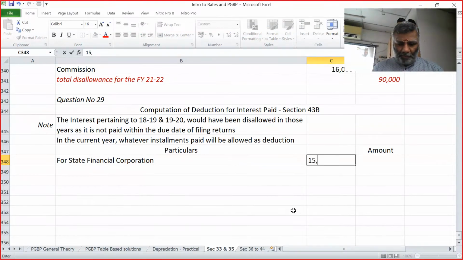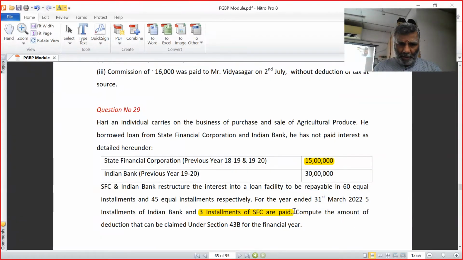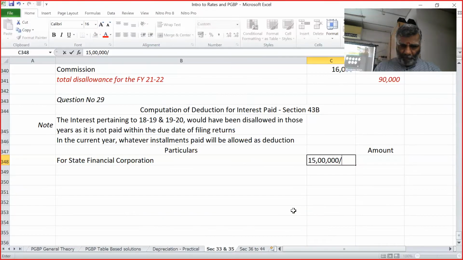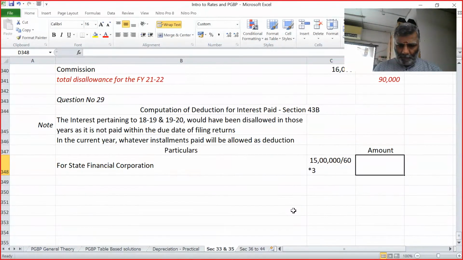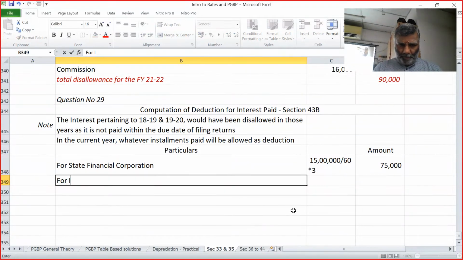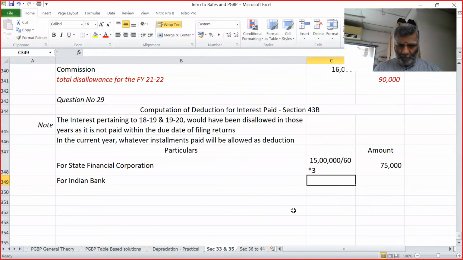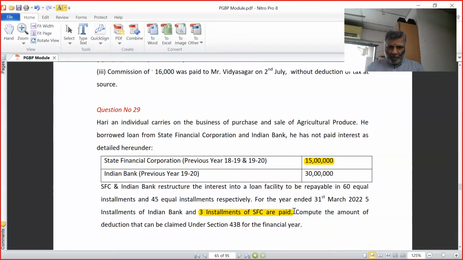Okay, 15 lakhs divided by 60 equal installments. For Indian Bank, 30 lakhs divided by 45, into 5 installments.